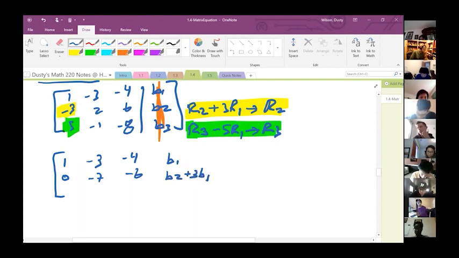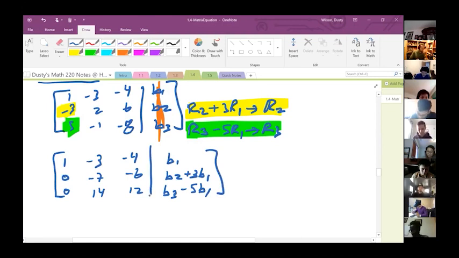And then the third row becomes 0, 14, 12, b3 minus 5b1. So yay. Now we have a 0 and a 0.